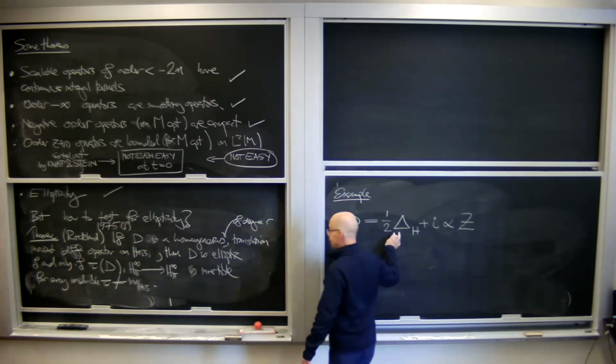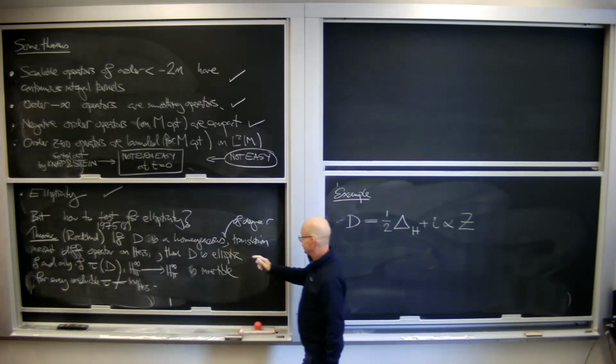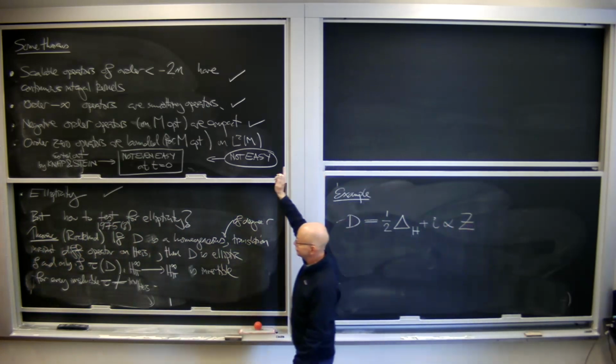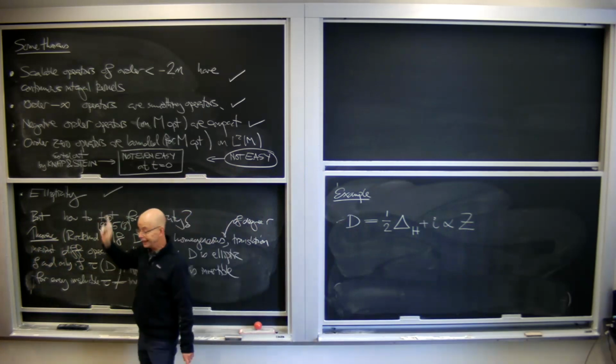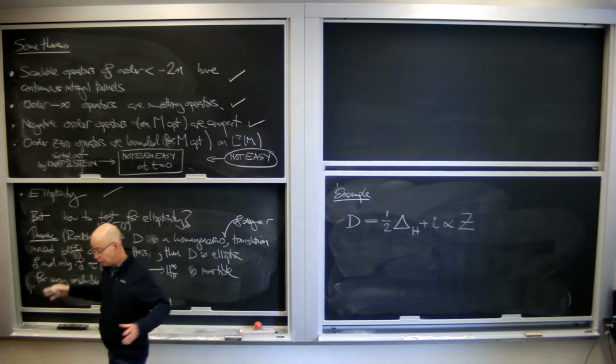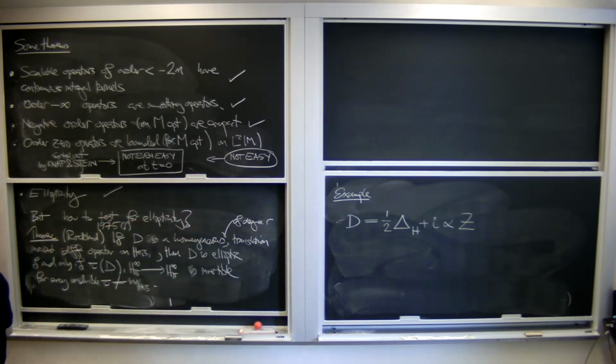What is this thing? This is a homogeneous operator because Z is acting in this final direction inside of the Heisenberg group. It is a Lie algebra vector in the final direction, which has weight 2, not weight 1. So when you rescale this operator, out in front pops lambda squared for all of these terms. So delta H has differential order 2, and Z has differential order 1.